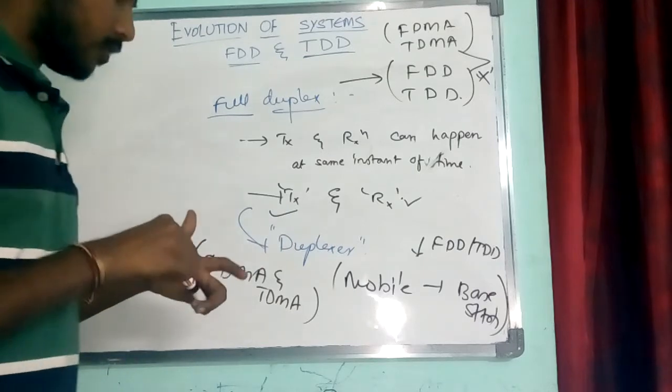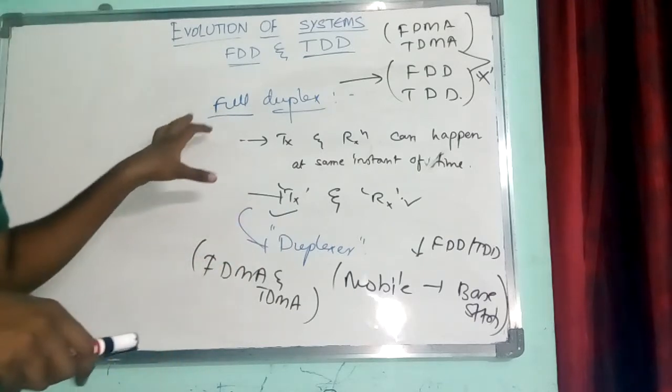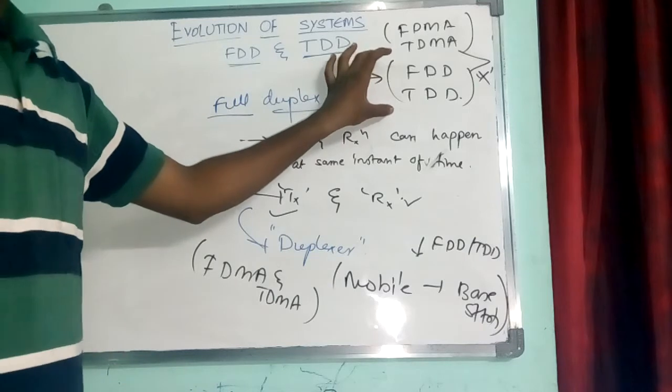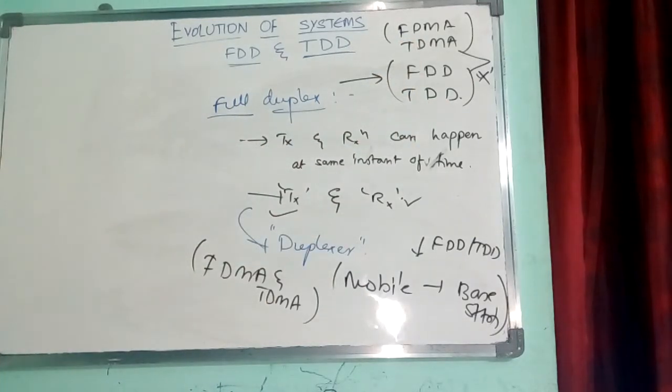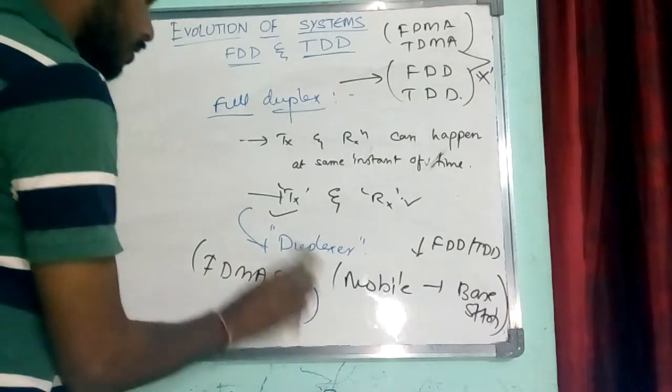Now, to achieve full duplex, there are two types of division we have. One is frequency division duplexing, the other is time division duplexing.